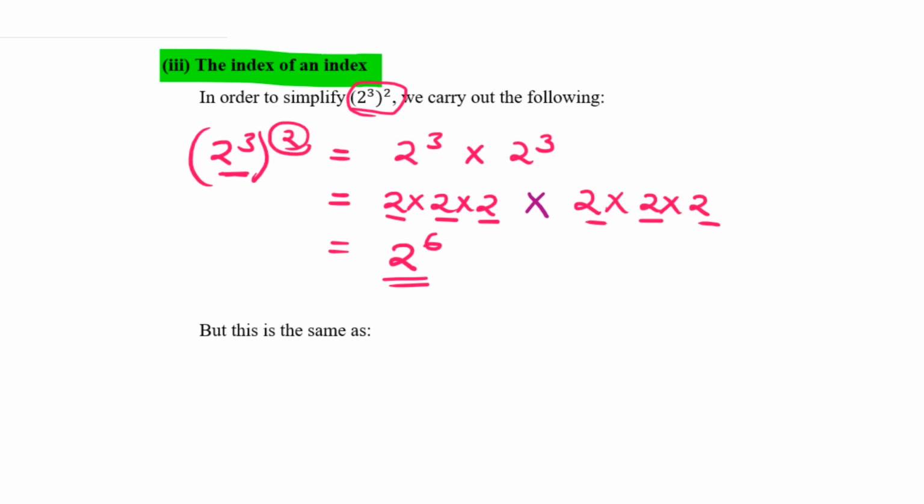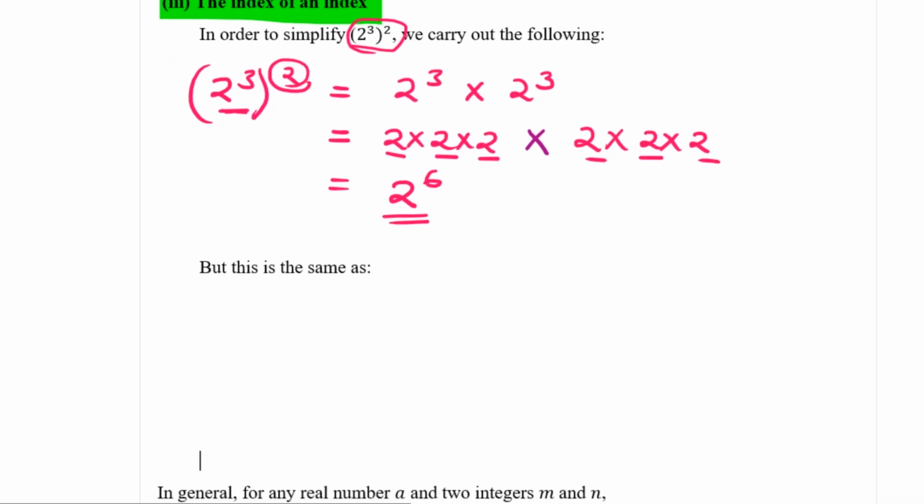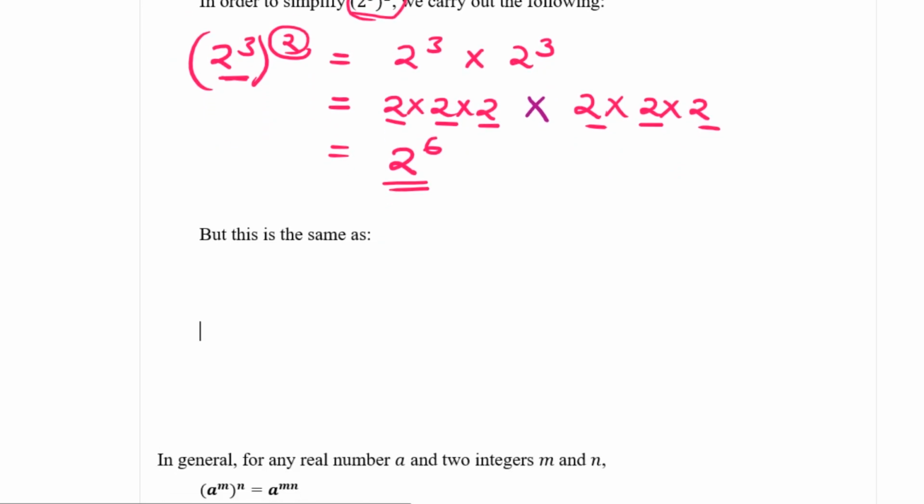But instead of simplifying it in that way, we can simplify 2 cubed squared by simply multiplying the powers.